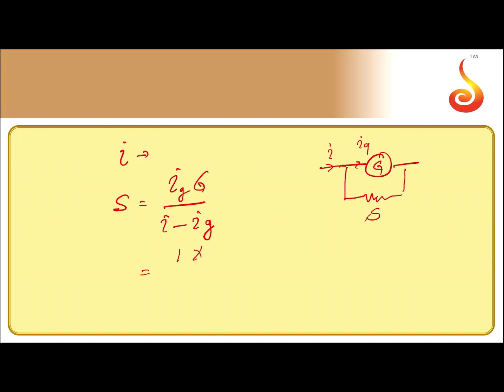So it's going to be 1 into 0.81 divided by 10 minus 1. You can simplify it further. How much is that? 0.81 divided by 9, that is nothing but 0.09.